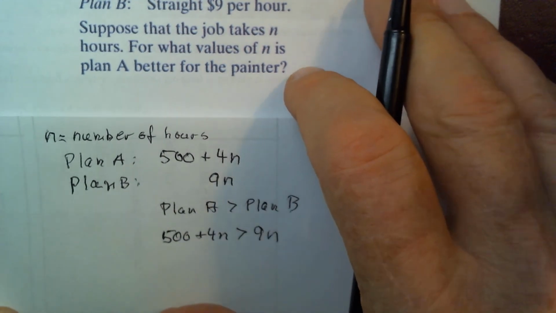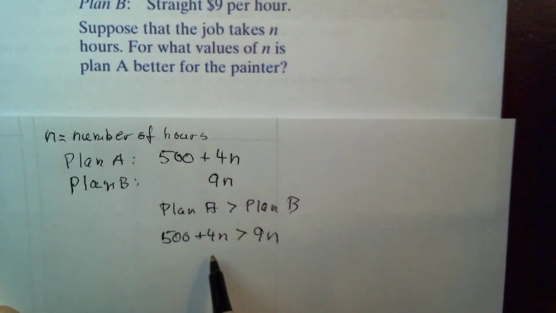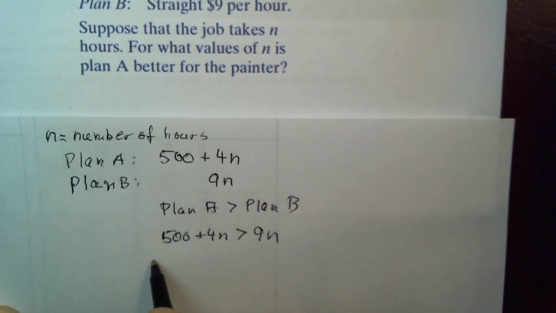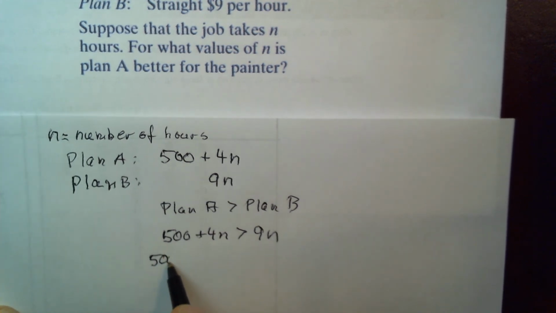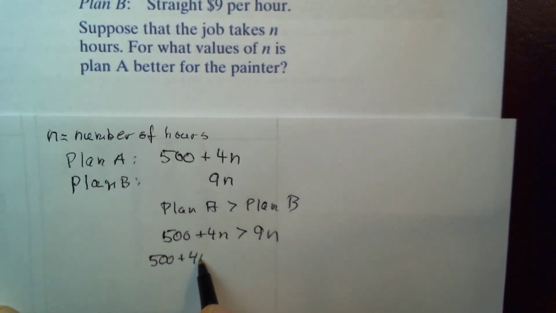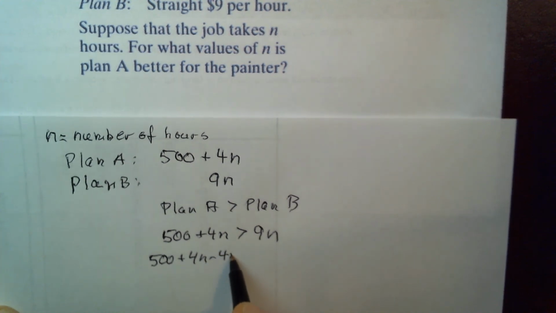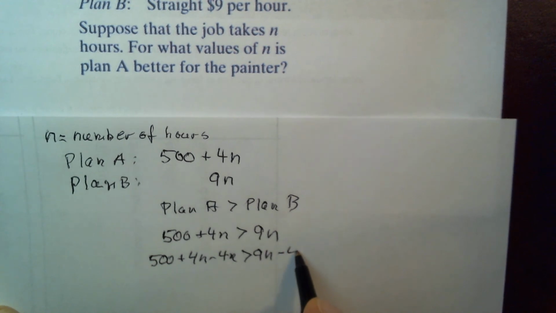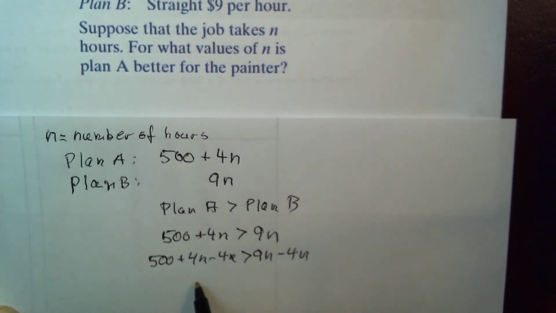So we need to solve this inequality here. So we begin by subtracting 4n on both sides. So 500 plus 4n minus 4n greater than 9n minus 4n. So then on the left side, we only have 500 left. So 500 greater than, and 9n minus 4n is 5n.